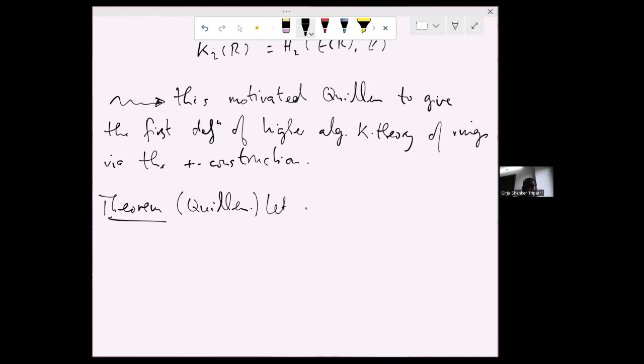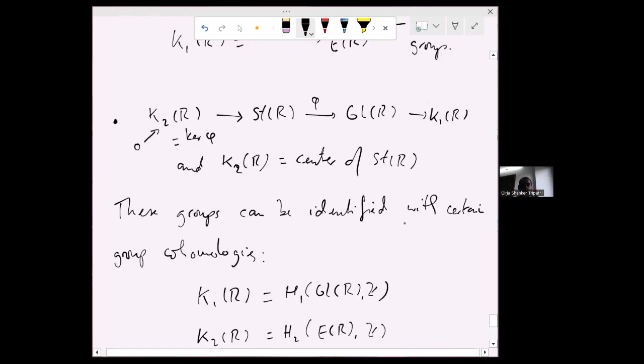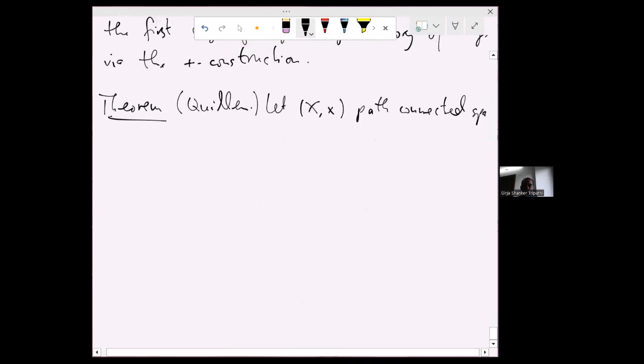Let's say we have a path connected space, and suppose its fundamental group with this base point has a perfect normal subgroup N.